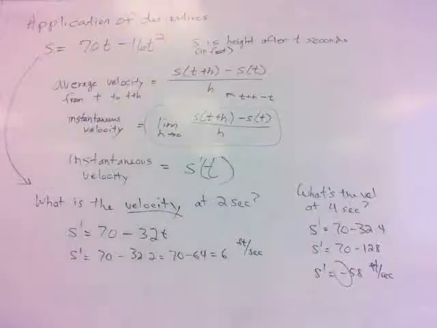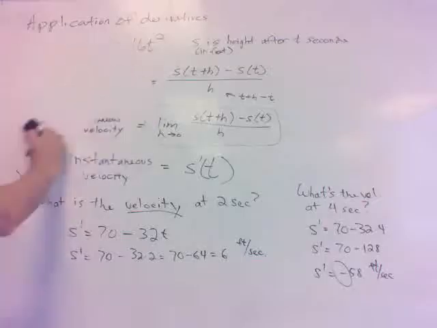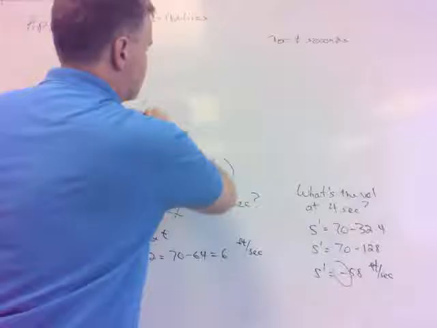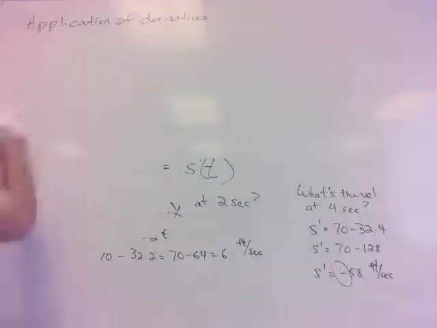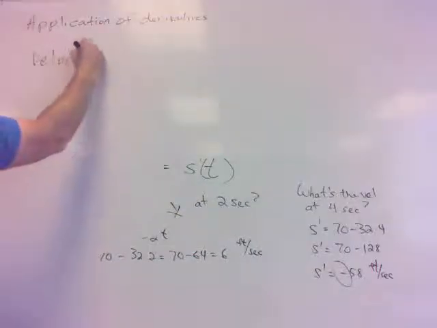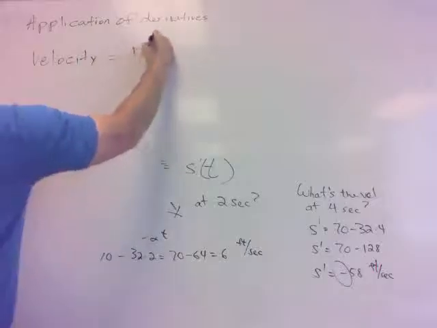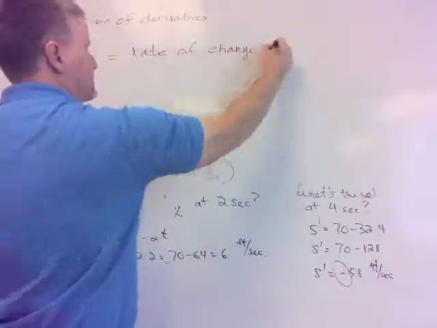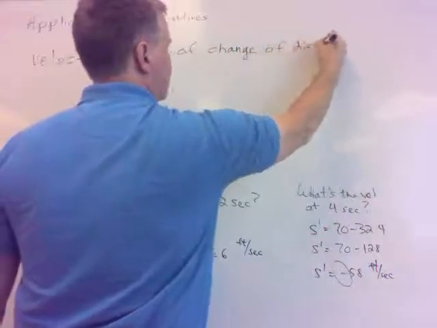Okay. All right. Another point here is that velocity can be thought of as a rate of change of the distance, right? It's the rate of change of the distance with respect to the time.